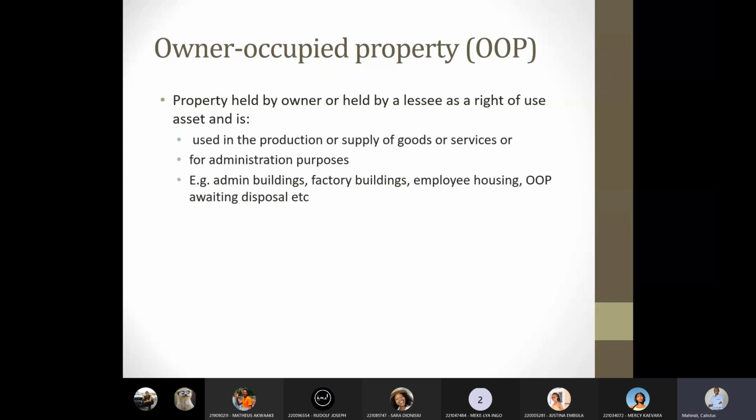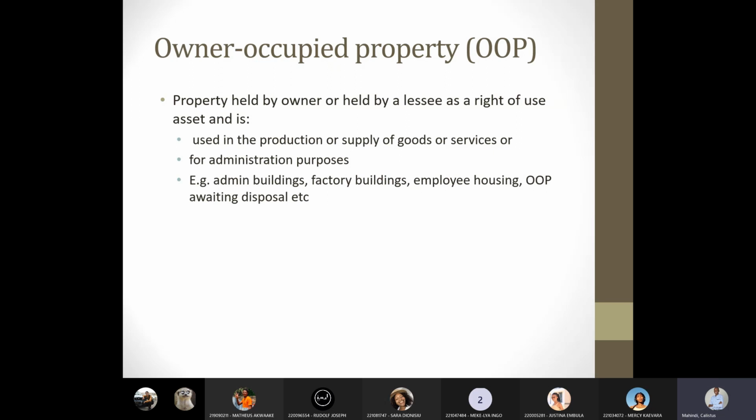All right. So this owner occupied property, most of this would be classified under IAS 16 as property, plant, and equipment. However, owner-occupied property that is held awaiting disposal may be classified using IFRS 5, which is non-current assets held for sale.